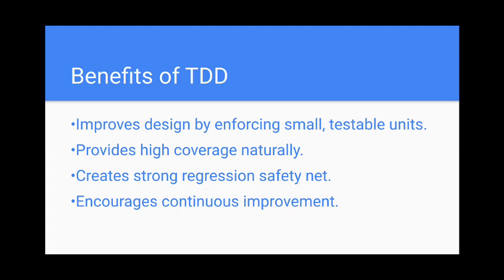The benefits go far beyond just writing tests first. One of the biggest advantages in TDD is that they improve software design by enforcing small, modular, and highly testable units.